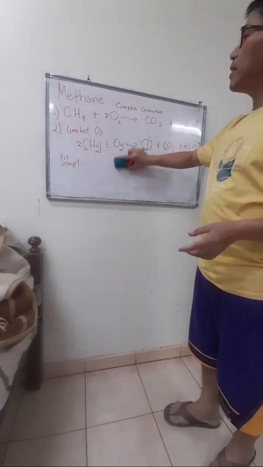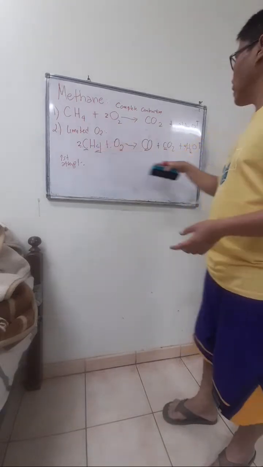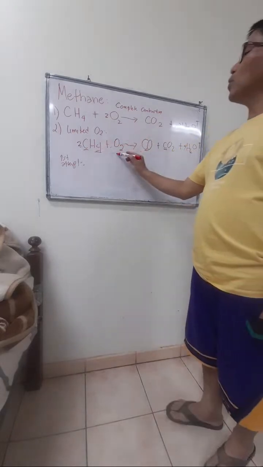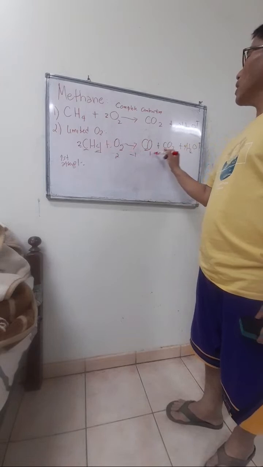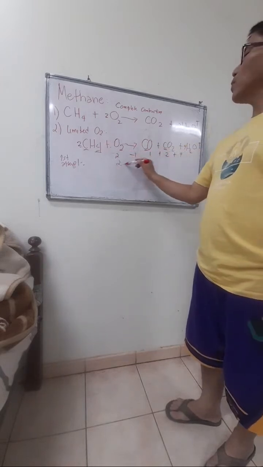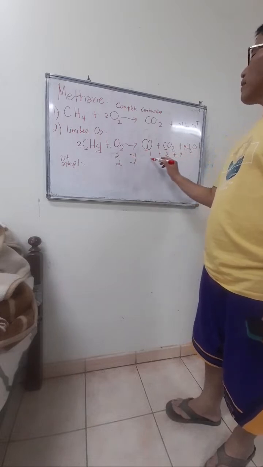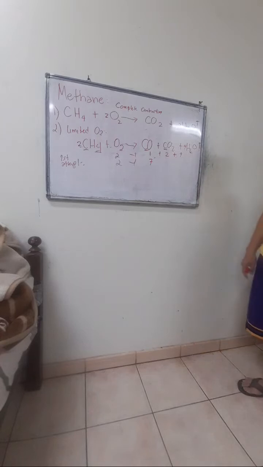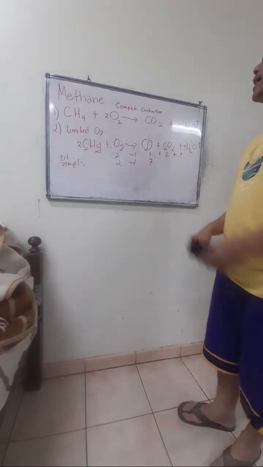Now balance your hydrogen: 4 times 2, 8. How about oxygen? 2 here, 1, 2 plus 4, so 1 plus 2 plus 4 is 7, right?